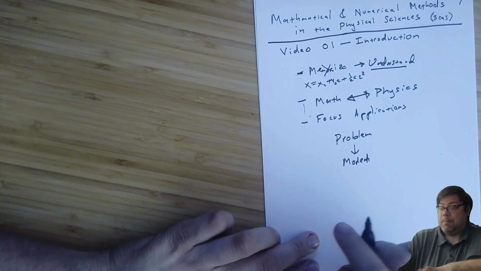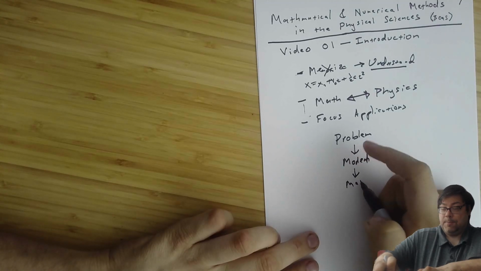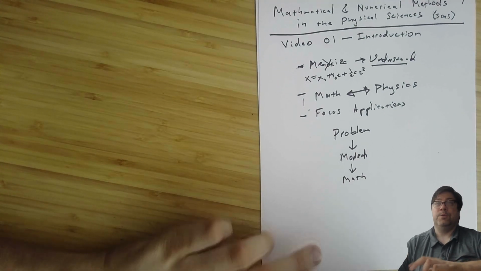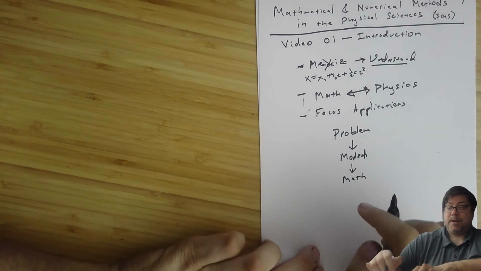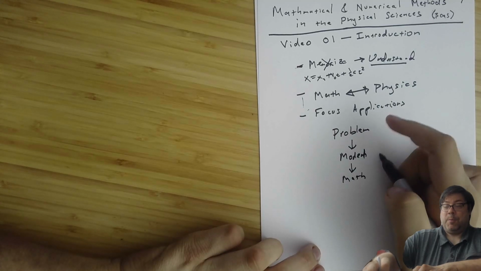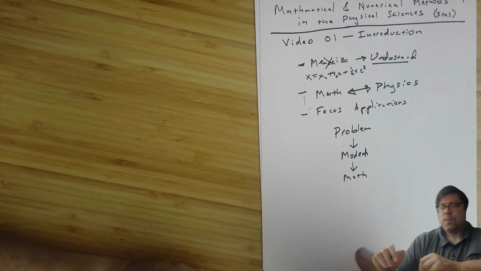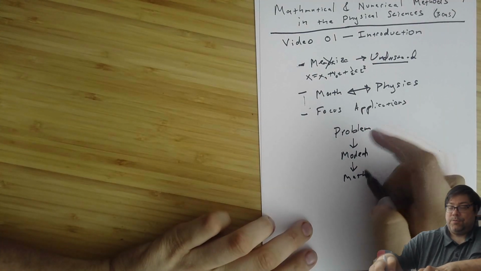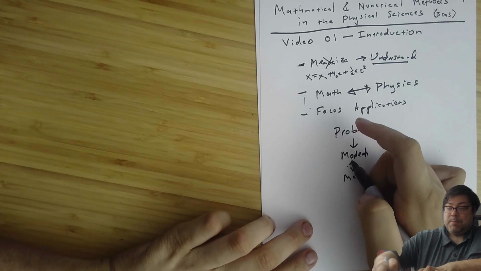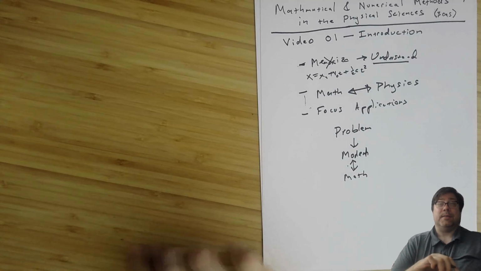Once you make a model, then we usually think about the mathematical techniques we're going to use to understand that problem, right? So if we had a free body diagram or momentum conservation, then we'd know the mathematics we were going to use. But realize this can also flow the other way. Sometimes we change our model depending on what math is easiest, right?